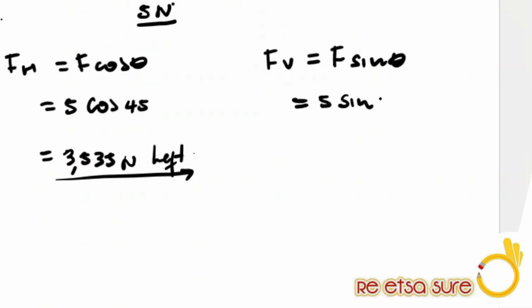Now sine of the same angle, 45. And then what is our value? The value there, as I'm pressing my calculator, is 3,535 Newton. But now let's check the direction. The direction for this one must be up.